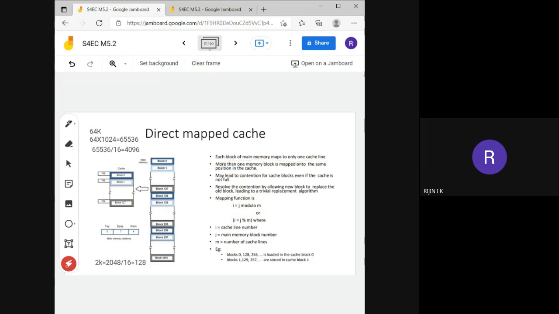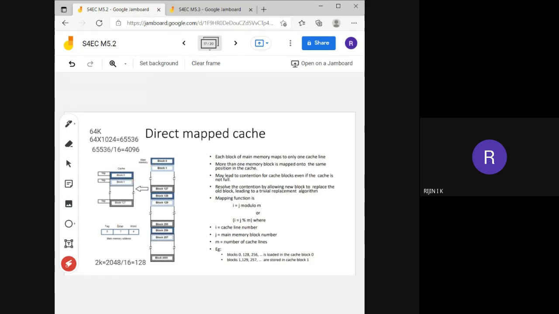That is one limitation of the direct mapped cache. Even if cache lines are available, we need a replacement algorithm to replace this block, because each block maps to only one cache line.